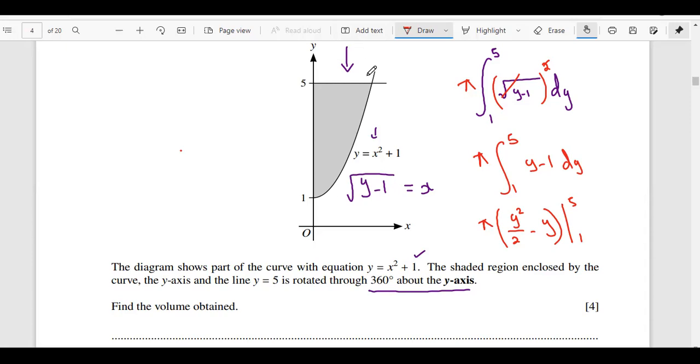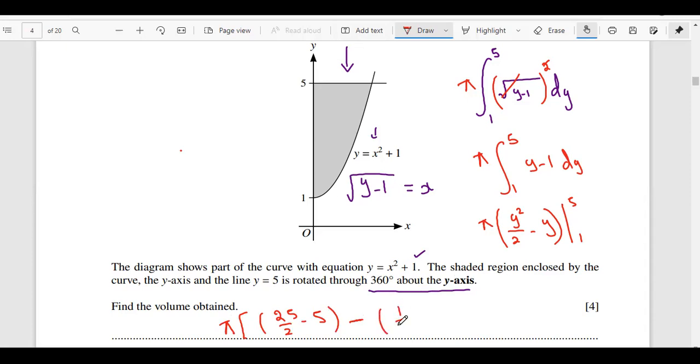All right, let's see what exactly is the answer. So I'll plug in 5. I'll keep pi outside, okay? 5 squared would give me 25 by 2, minus 5, bracket close, minus sign.